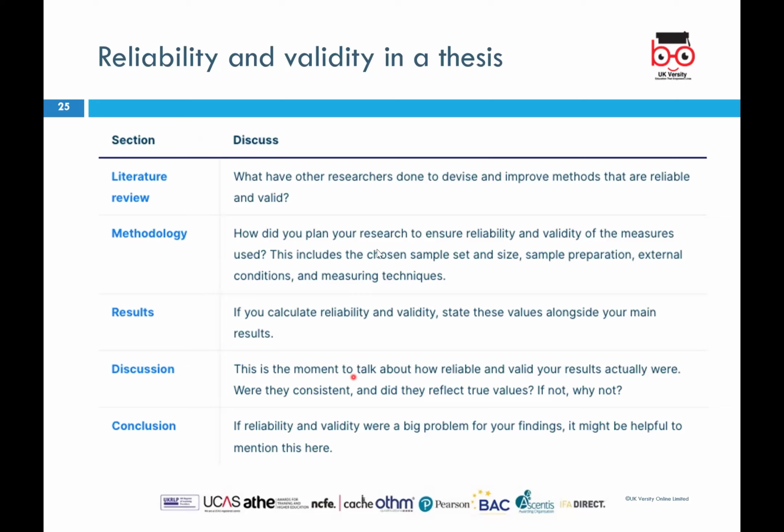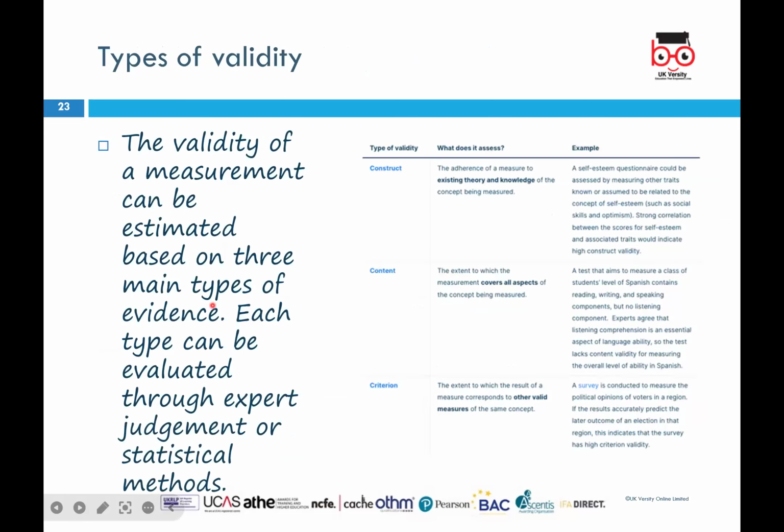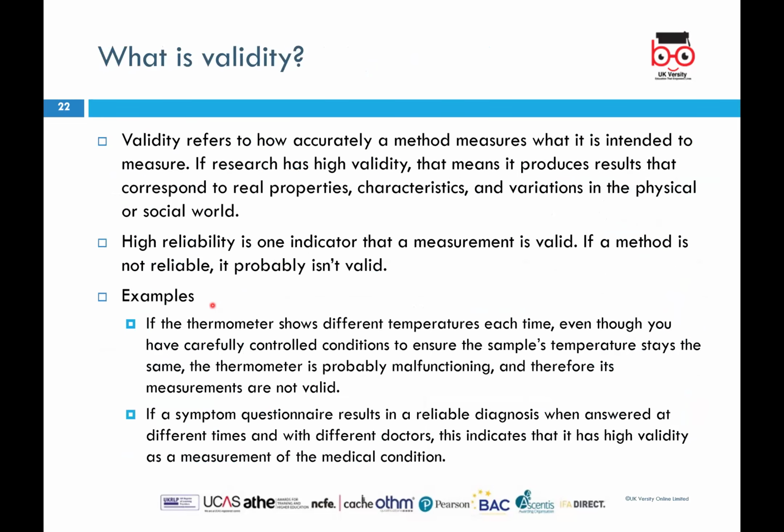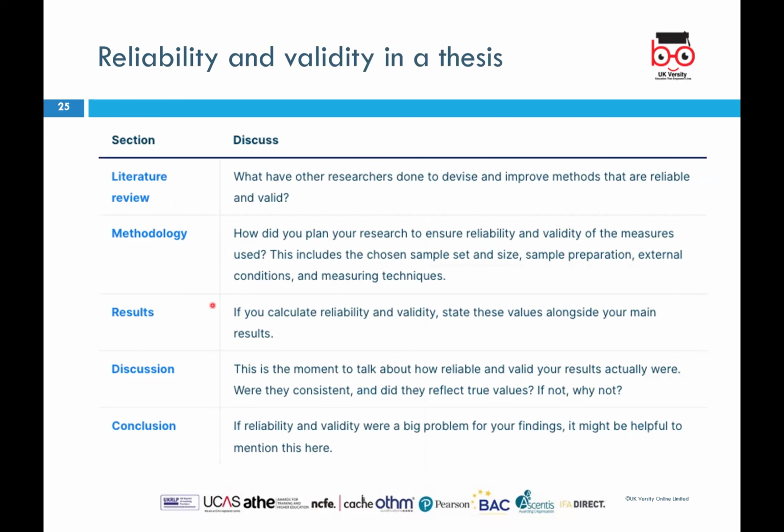When you want to do your literature review, you have certain things to consider within it. Considering the concepts of validity and reliability from these slides, you would want to ask: what have other researchers done to devise and improve methods that are reliable and valid?